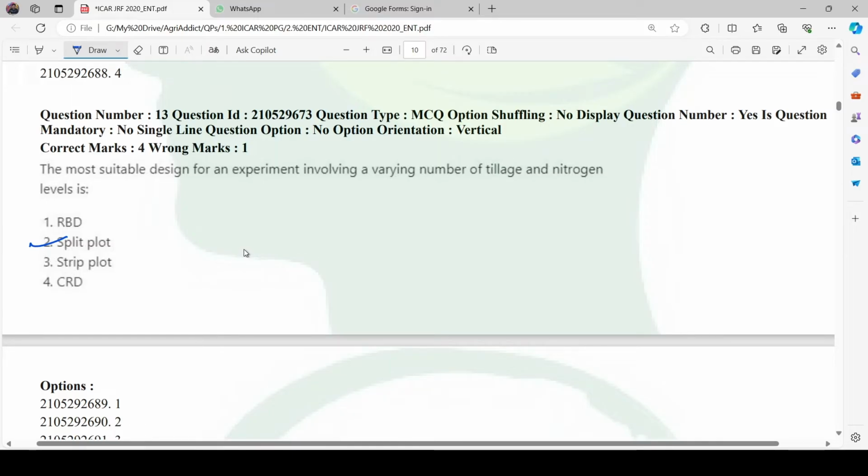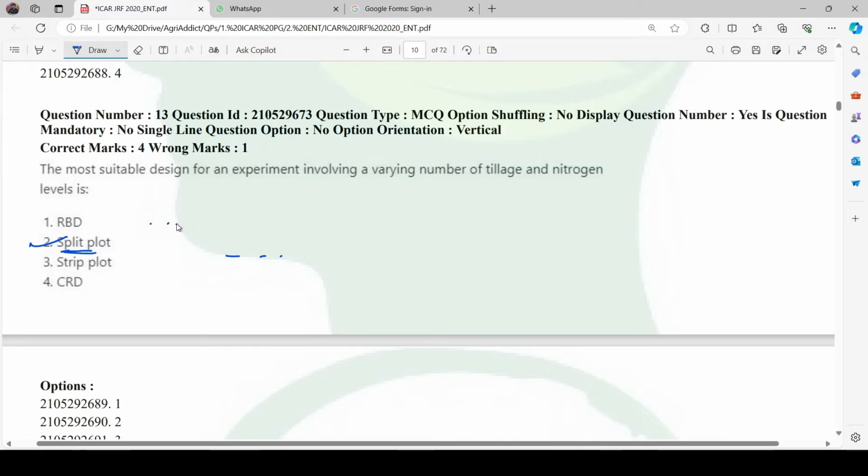When factors of different nature are to be tested in the same experiment, that is, the level of one factor requires a larger area compared to the other factor, we mainly use the split plot design. Examples are depth of plowing, like tillage, then level of nitrogen, date of sowing and varieties.